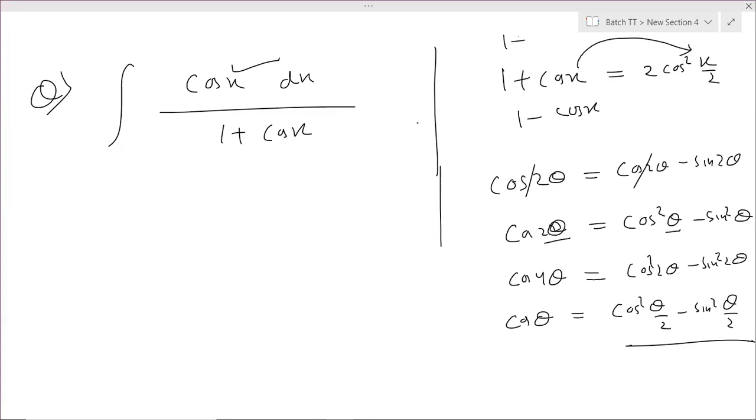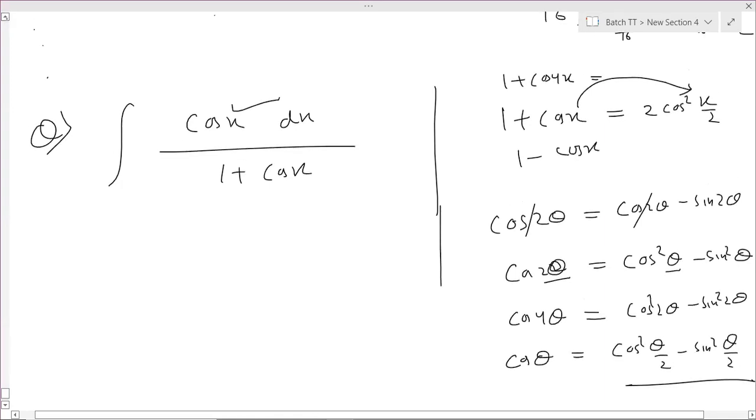If you have 1 plus cos 4x, so this will be, can anybody tell me? Half the angle. So can you explain the formula for it again? Yes.